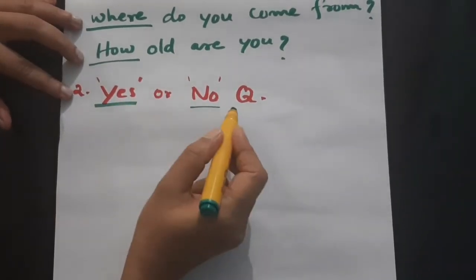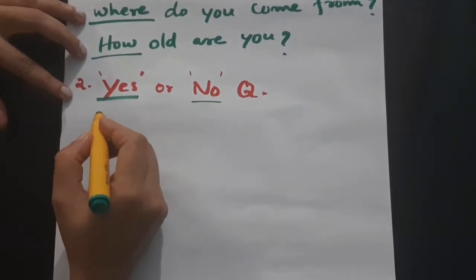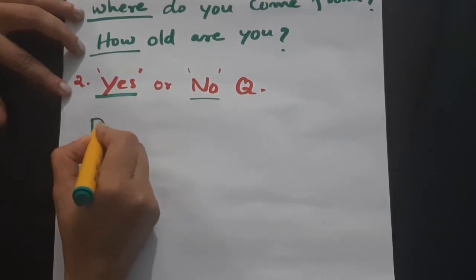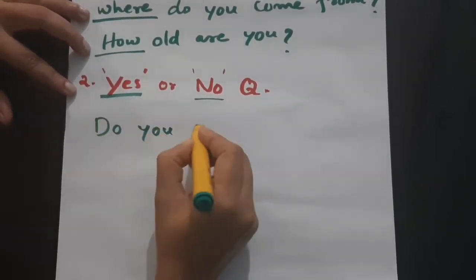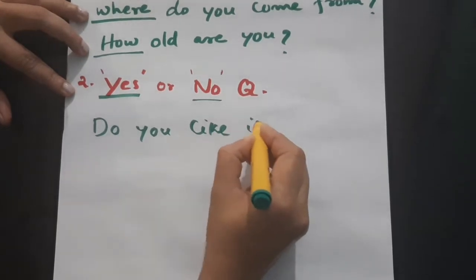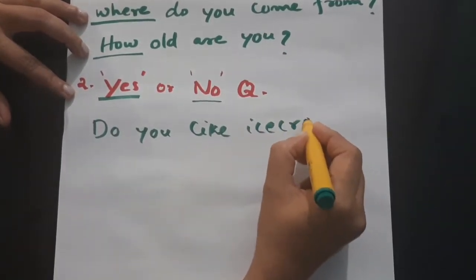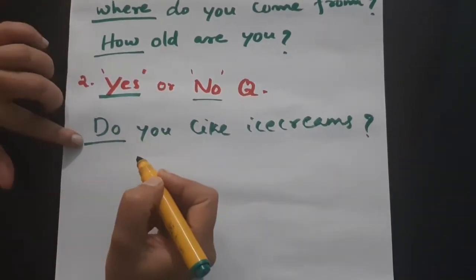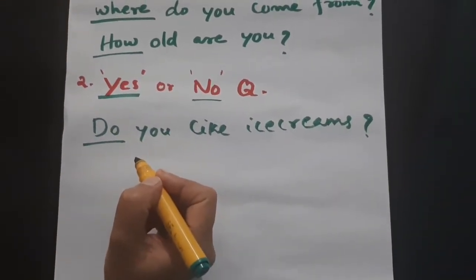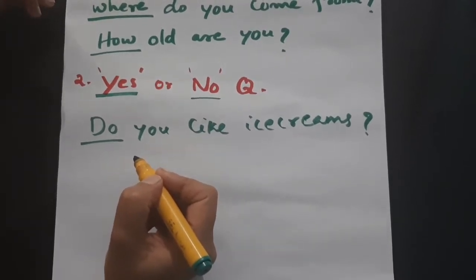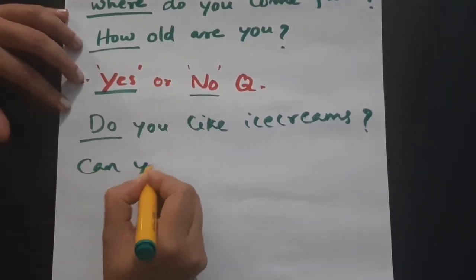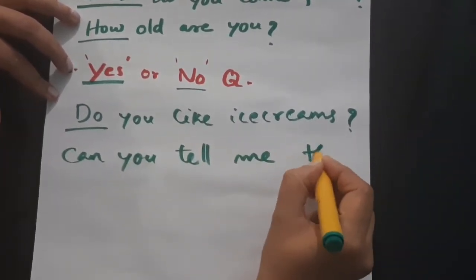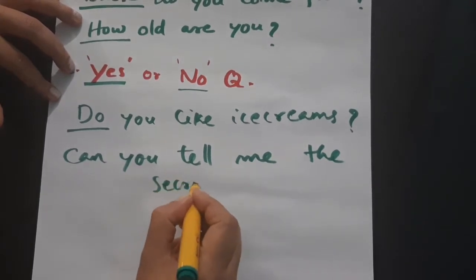Okay, in this type of questions, this question will start with an auxiliary verb, like, do you like ice creams? See, questions will start with an auxiliary verb. Another one, can you tell me the secret?